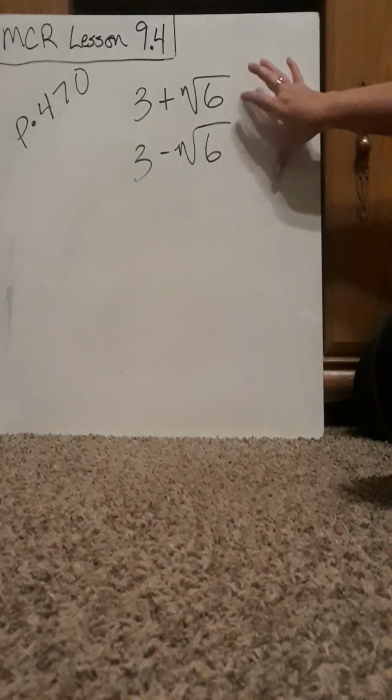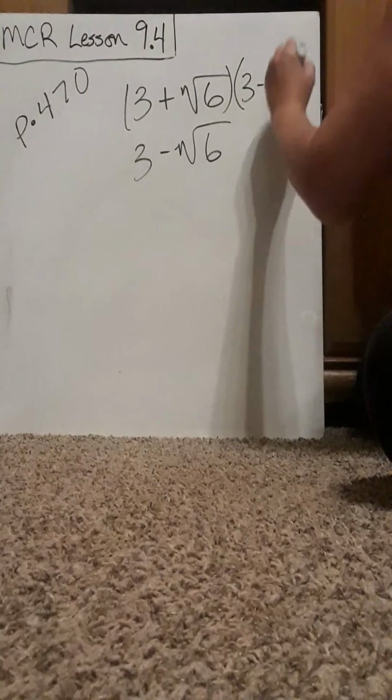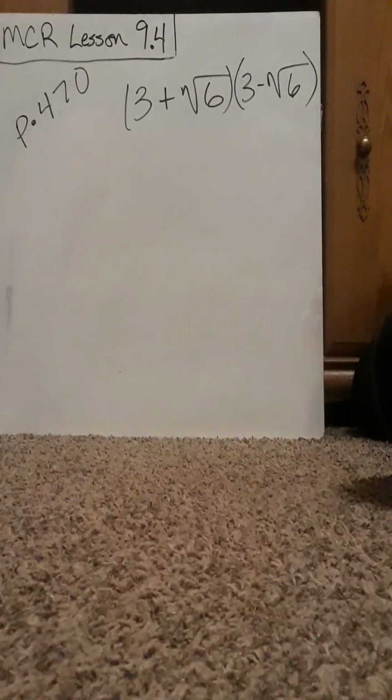So these are conjugates. Now, why do we care about conjugates? The reason why we care about conjugates is because if you multiply them to each other, so in other words, if I set it up like this as a FOIL problem, and I FOIL these conjugates into each other, I multiply them together, what happens is the radical cancels out and goes away, and you're left with something without a radical in it.